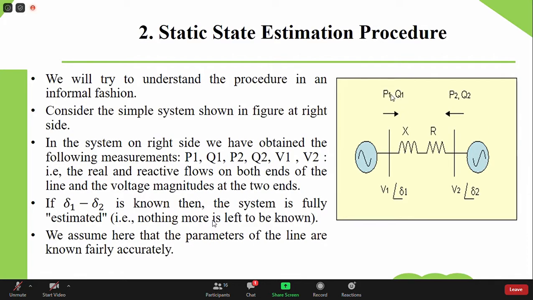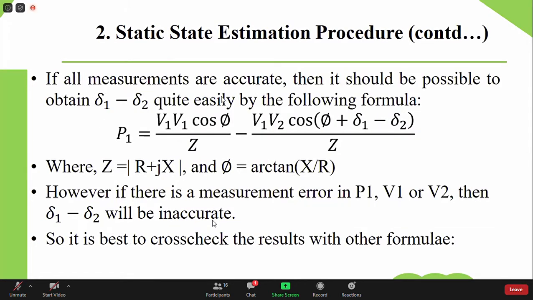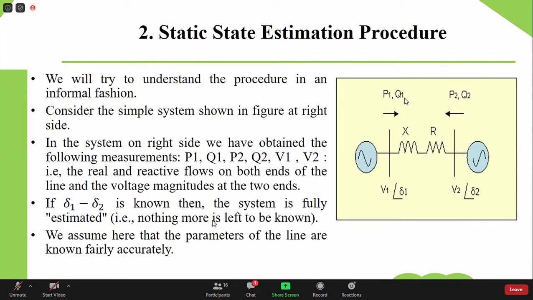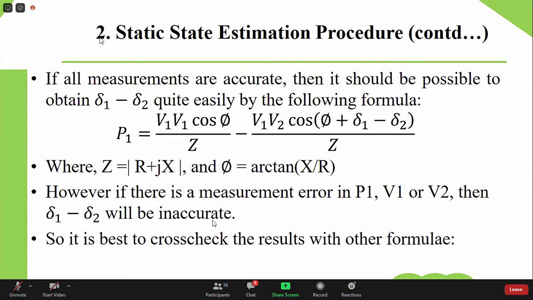If we know these values, we can find del 1 minus del 2 quite easily by the following formula.